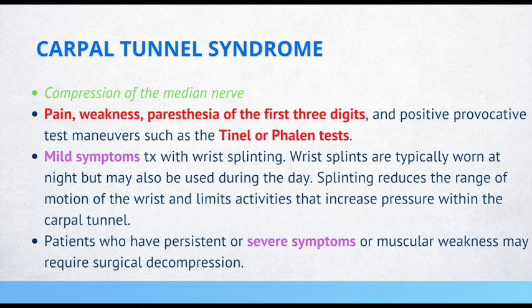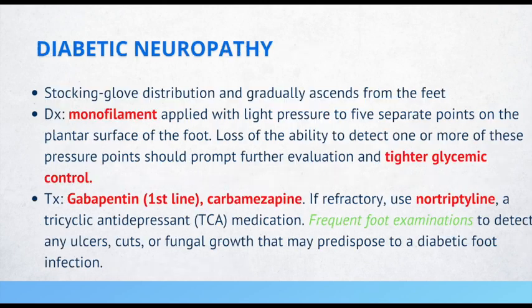Diabetic neuropathy. Patients with this condition often complain of a stocking glove distribution and gradual descent from the feet. To diagnose a diabetic neuropathy, a monofilament is applied with light pressure to 5 separate points on the plantar surface of the foot.